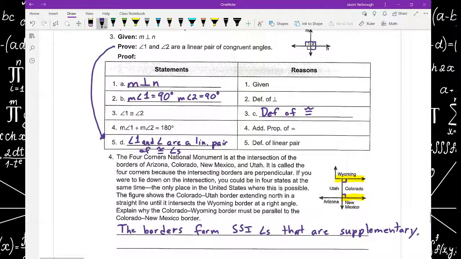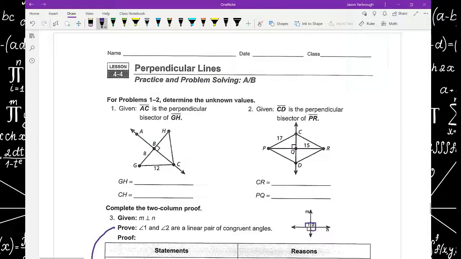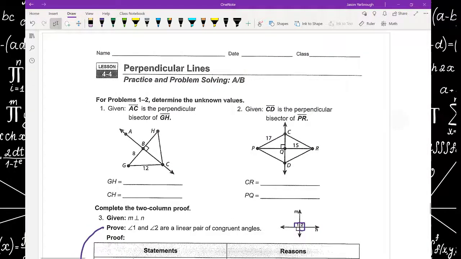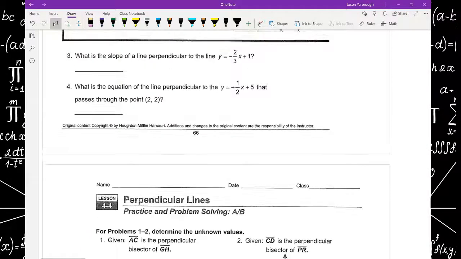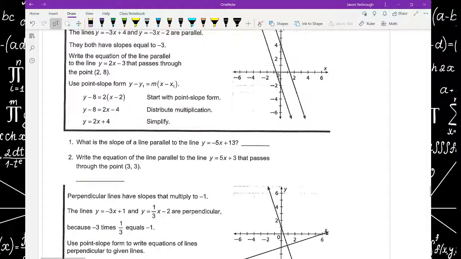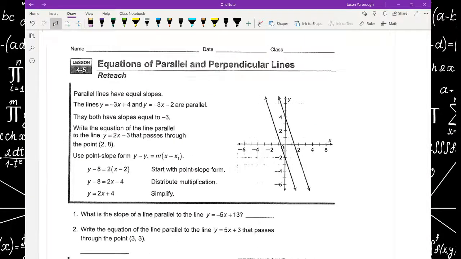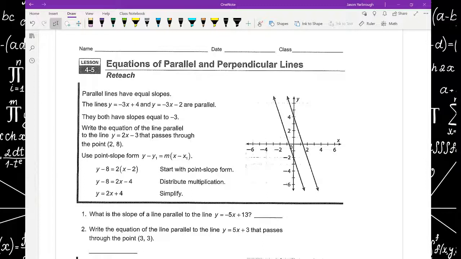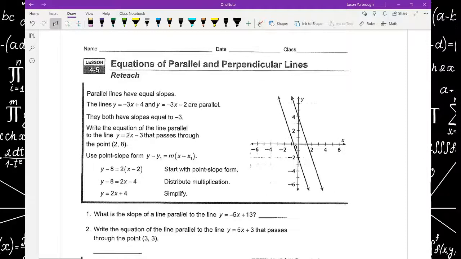Okay, so you've got numbers 1 and 2 to look at for homework. And now we're going to go quickly back to 4, 5, where we're looking at equations of parallel and perpendicular lines. This again should be a refresher from algebra. Parallel lines have equal slopes.